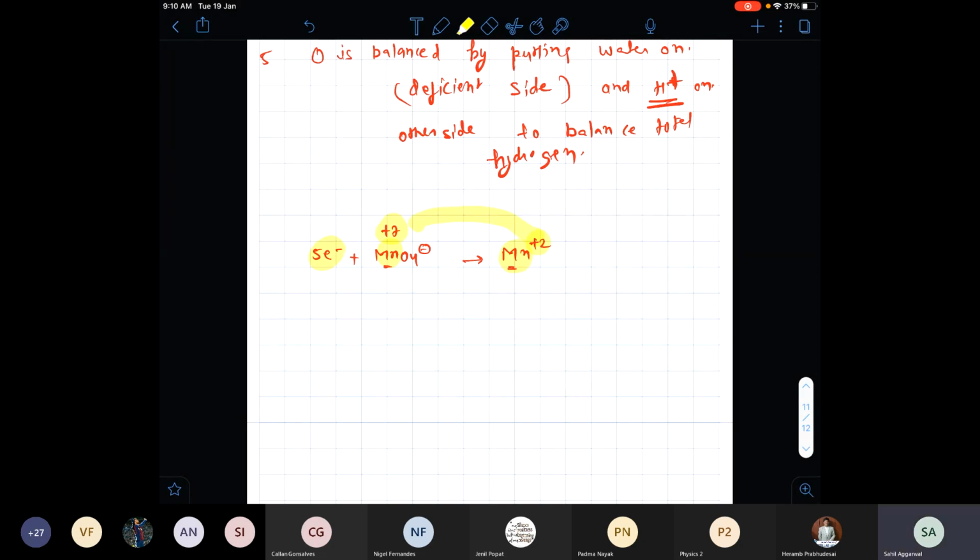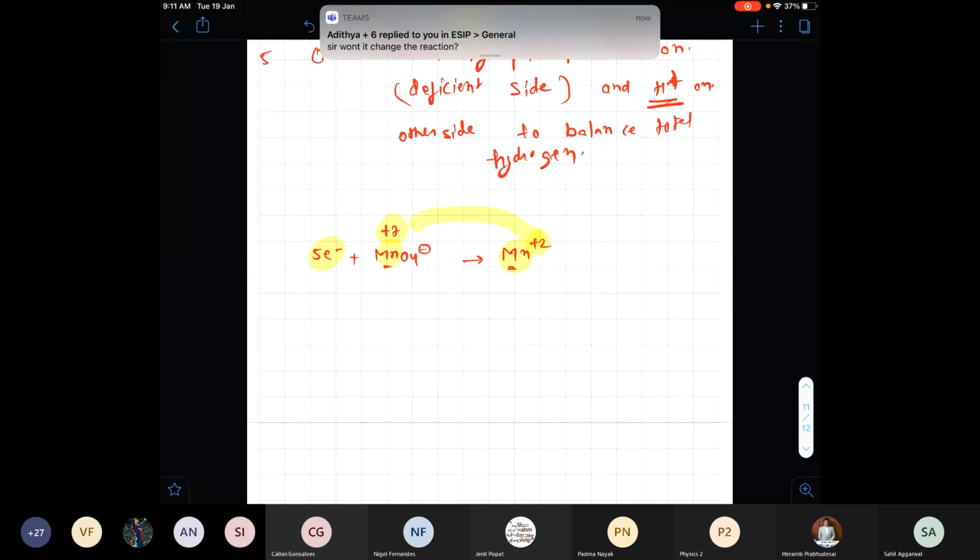Aditya, what do you mean by that? To balance the charge, we can add electrons only. In the main reaction, there won't be electrons.